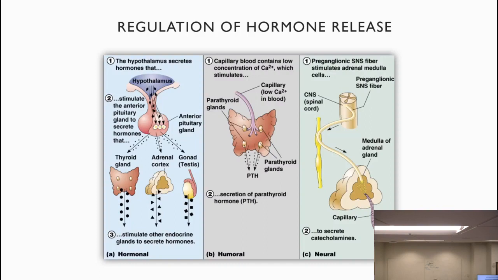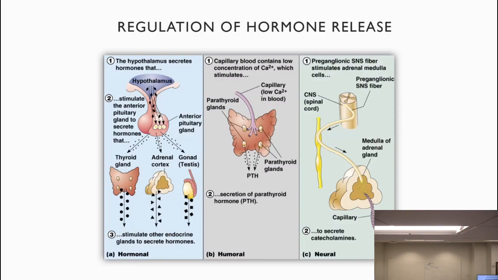And then we have the one that is a bit more complex, that is the hormonal, the first one to the left. Simply we have to understand that there are, in most cases, 3 hormones involved. One made in the hypothalamus, another made in the anterior pituitary, and the other made in another endocrine gland. That can be either the thyroid, the adrenal cortex, or the gonads.